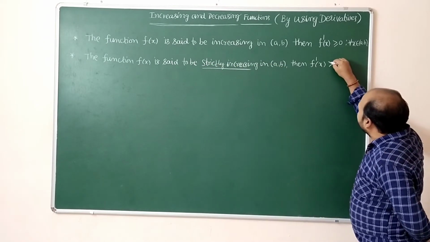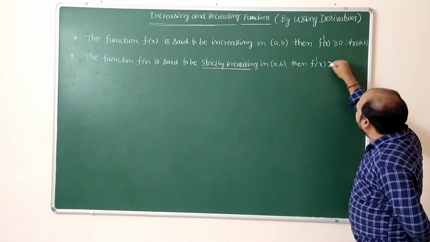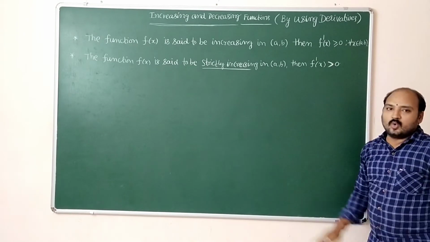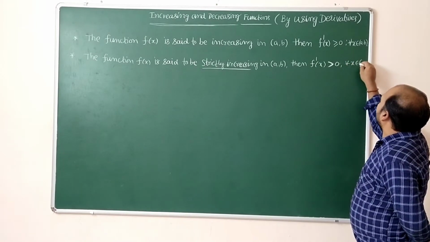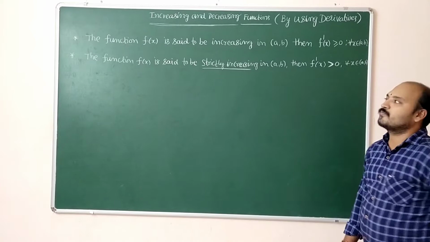Only greater than 0 only will come. You remember that, dear students? Only greater than will come for all x belongs to open interval of a comma b.